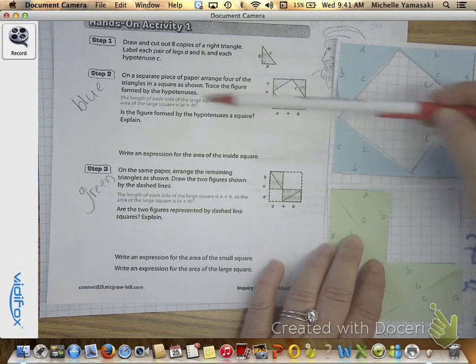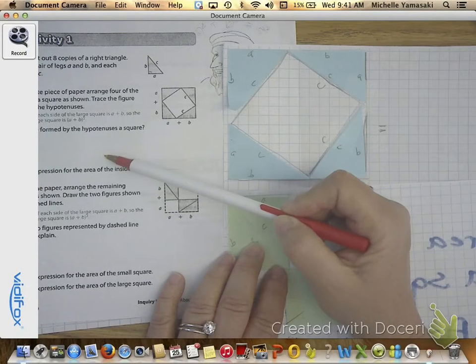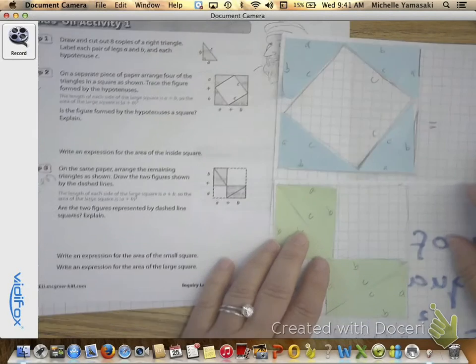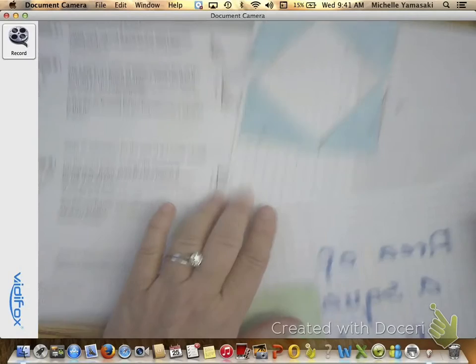And I want you to put your answer on this paper here. Where do you guys want to work? It's graph paper. Okay, let's work on the graph paper. Also write the question. So we're going to put the work on the graph paper, and you're going to write the question and then answer it.